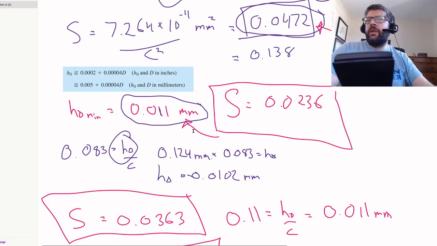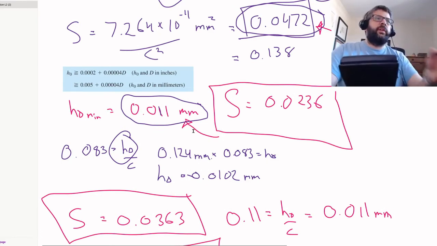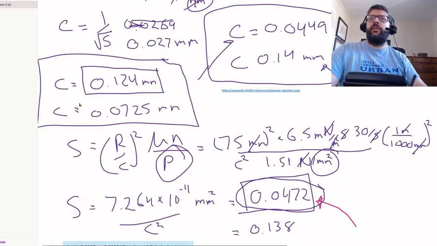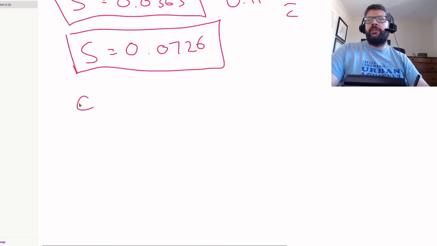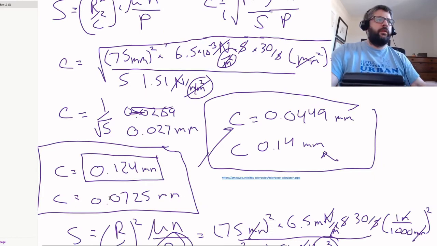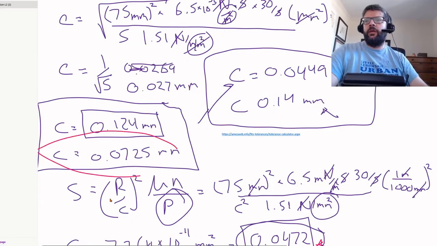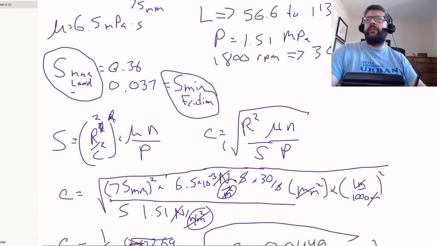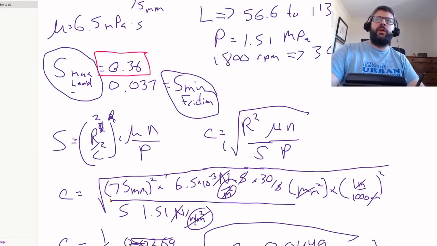Again, we'd need to figure out what sort of tolerance ranges we'd need to work with. So we need to pick some sort of tolerance combination that would result in a maximum radial clearance of 0.1, and we still want to be working with a minimum radial clearance based upon being within the optimal zone.